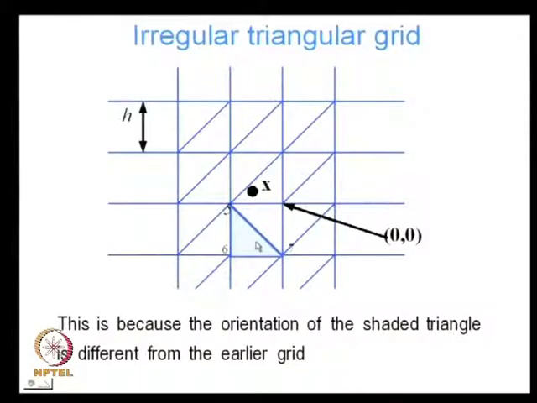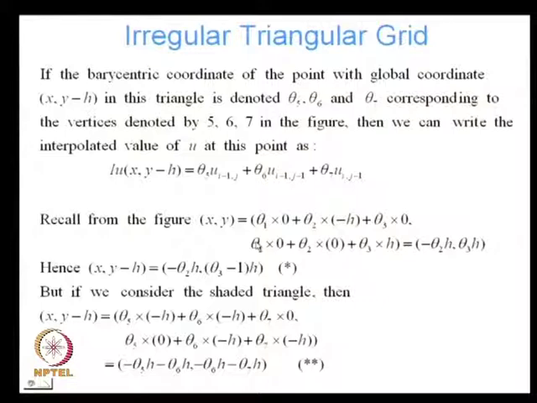It is denoted by theta 5, theta 6, theta 7, then we can write the interpolated value of u at this point as theta 5 u i minus 1 j plus theta 6 u i minus 1 j minus 1 plus theta 7 u i j minus 1.